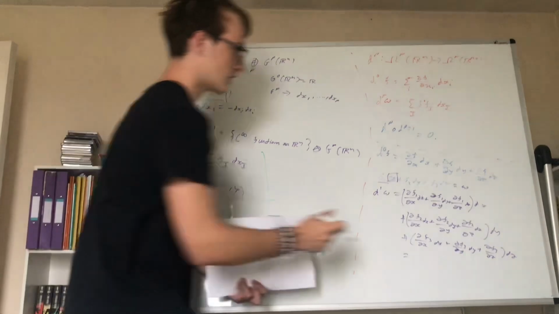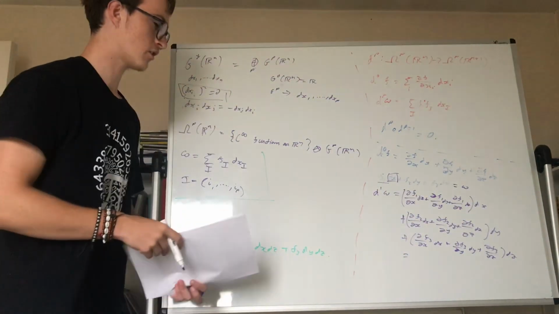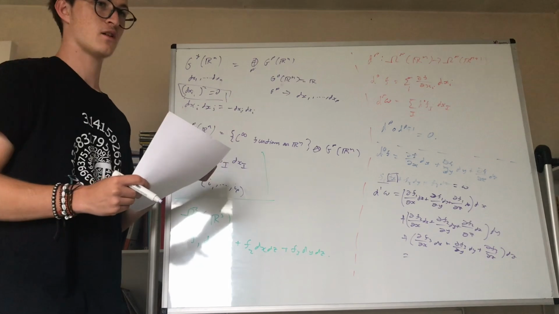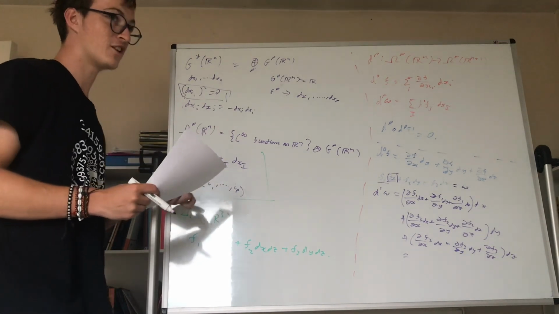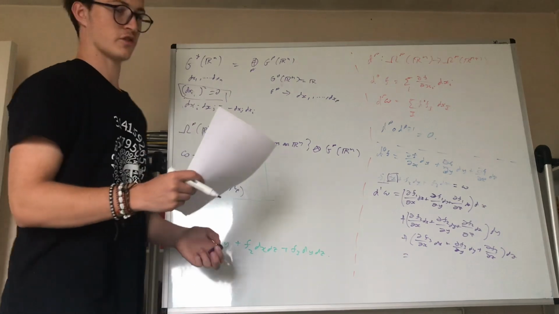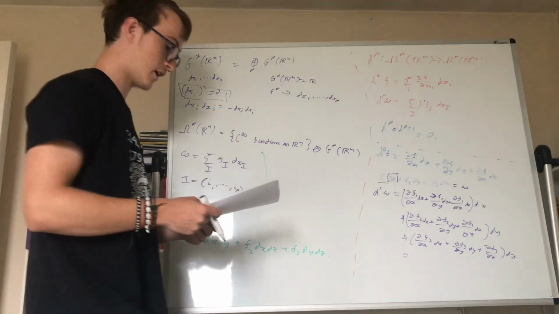So anytime we see two dx's next to each other, that's 0. And also, we don't want to write dy dx. We would rather write negative dx dy, just because it's nicer that way.